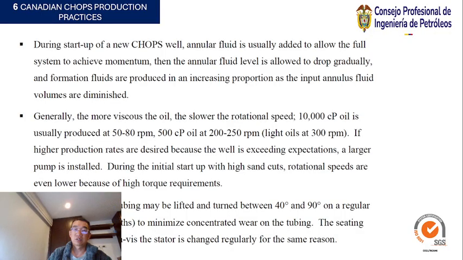During the initial startup with high sand cuts, rotational speeds are even lower because of high torque requirements. As time goes on, the tubing may be lifted and turned between 40 degrees and 90 degrees on a regular schedule, every several months, to avoid concentrating wear on the tubing.